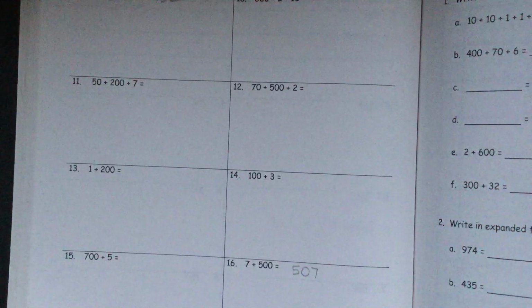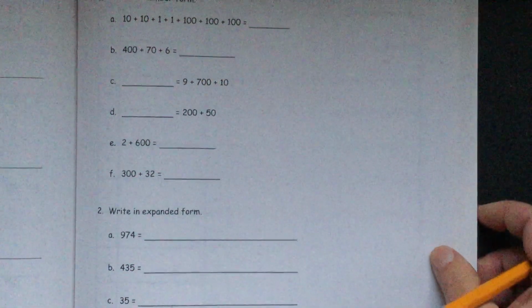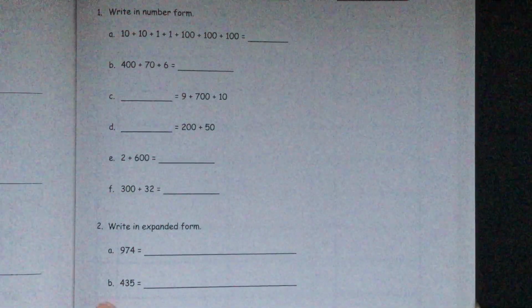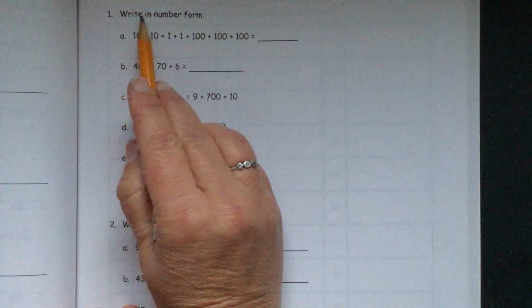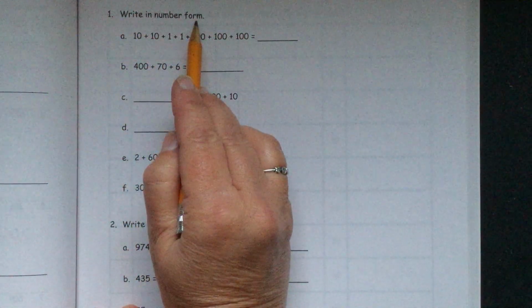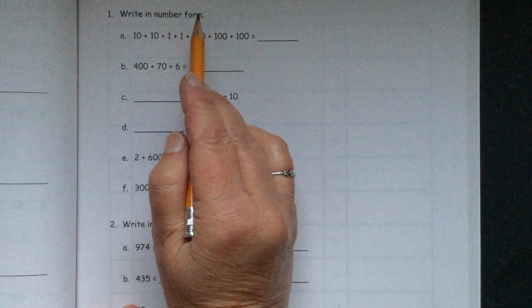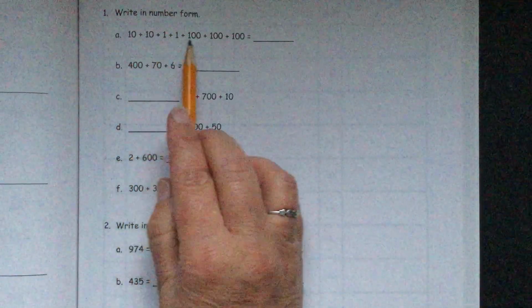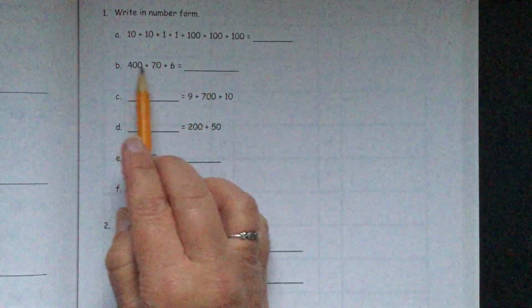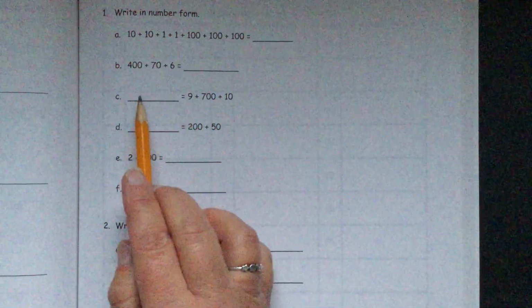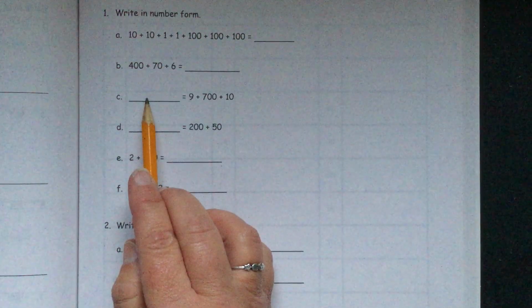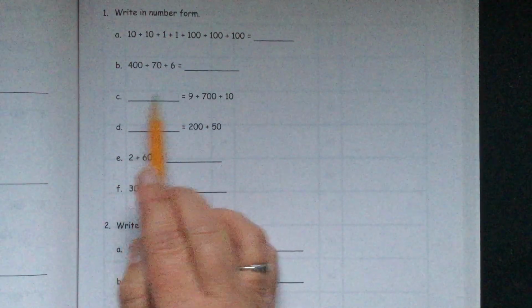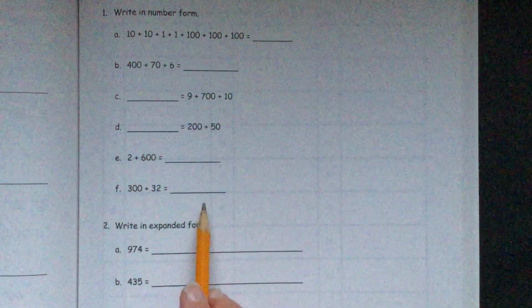Okay, so in our exit ticket, again, it says write in number form, which is also called standard form. Okay, so then you just need to add up all the numbers. Sometimes they want you to put the answer on the first part of the equation, okay?